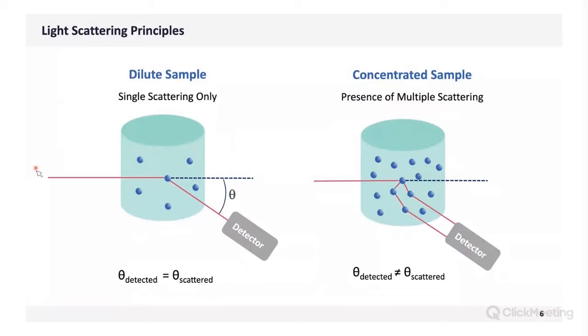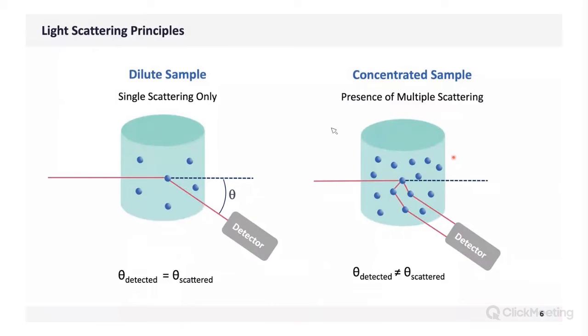So this means that we have an incident laser beam that goes in one direction. We have a scattered direction of photons where we put our detectors. This defines the scattering angle, and the detector angle is equal to the scattering angle because there's only one angle.